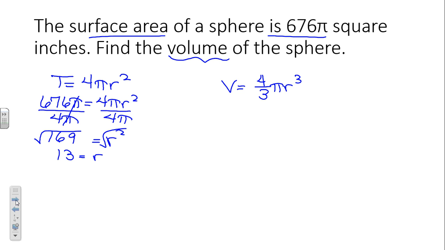Exactly. So we're going to put 13 in for r and cube it. That's where we use our caret key again. 13 cubed times 4 divided by 3. And we'll get a not so nice number, 2929.3 repeating pi. And it's going to be inches cubed.